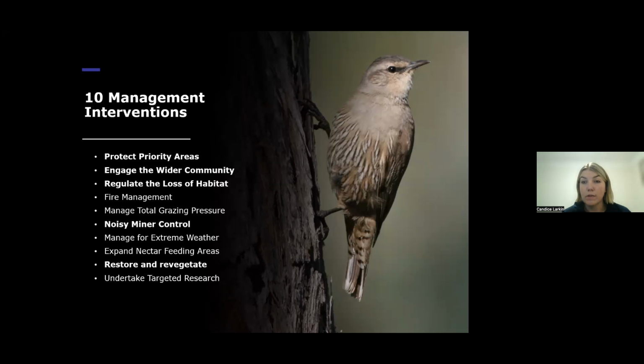Some of these are obviously outside the scope of what BirdLife can achieve. For example, fire management needs to be employed by landowners and by national parks. But for the ones that we don't take on ourselves, we are working with these organisations to develop a plan that is basically the best foot forward for birds.